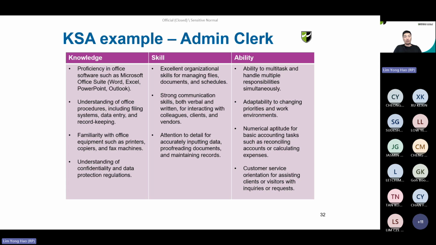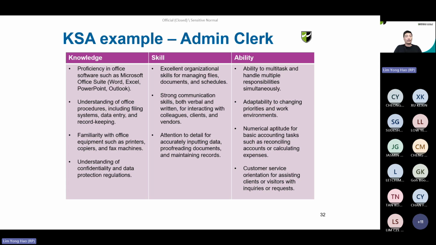How to use equipment: I think a fax machine may be a bit too old. If you are working in Japan, maybe you still need a fax machine, but in Singapore, probably no need for a fax machine anymore. I don't know whether people even use a printer anymore if it's a paperless type of office.